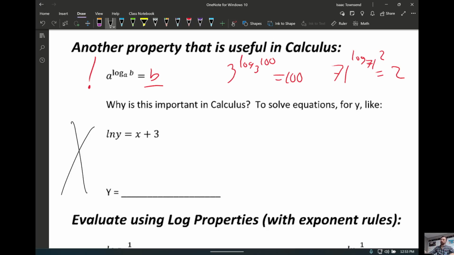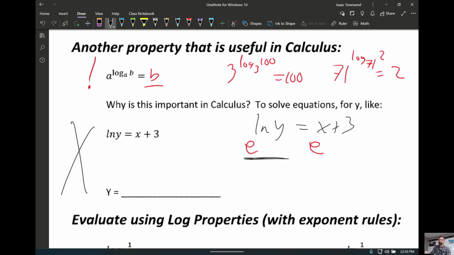So we have this fancy algebra trick called exponentiating, which is where we make the entire left side and right side of the equation an exponent of something. So I would make both of these the exponent of e. And that seems kind of crazy at first, but what does this become?